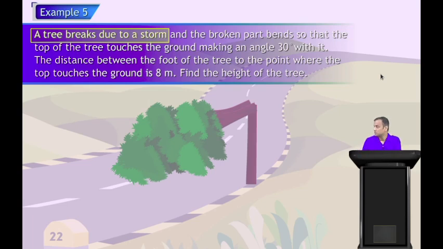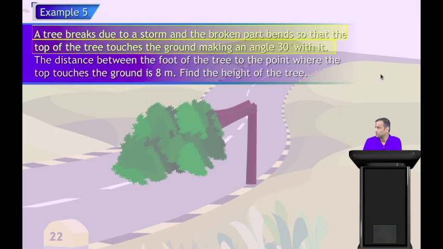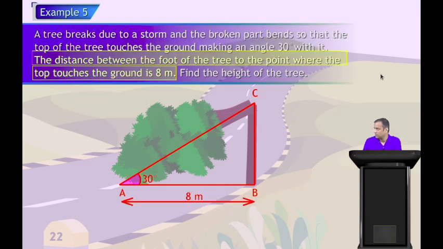So this is a tree that breaks down due to a storm, and then it has two parts. Now this broken part makes an angle of 30 degrees. So if we visualize this, this is a right triangle, making an angle of 30 degrees. Now the distance between the foot of the tree and the point where the top touches the ground is 8 meters.